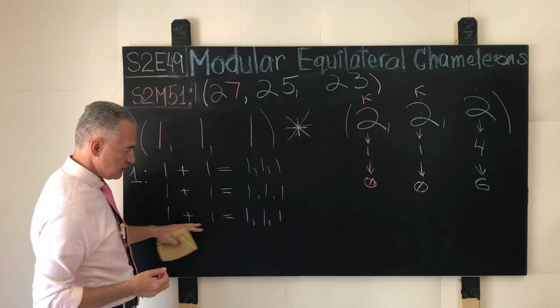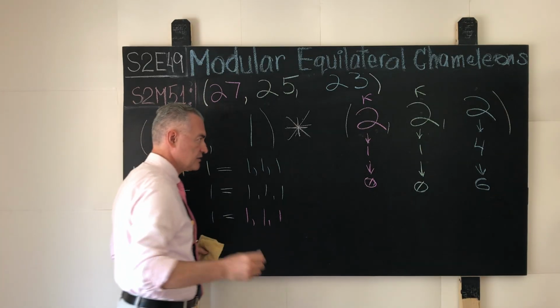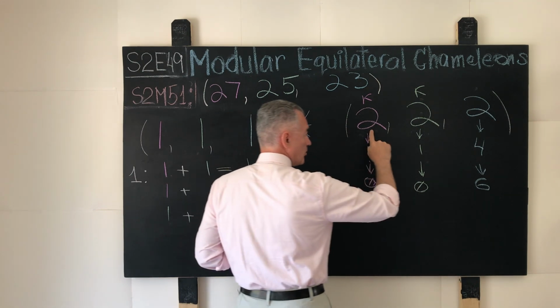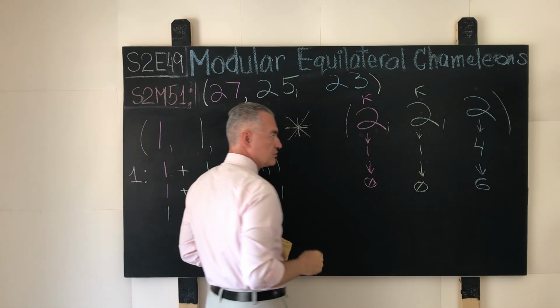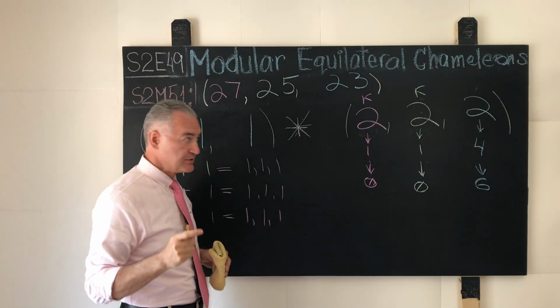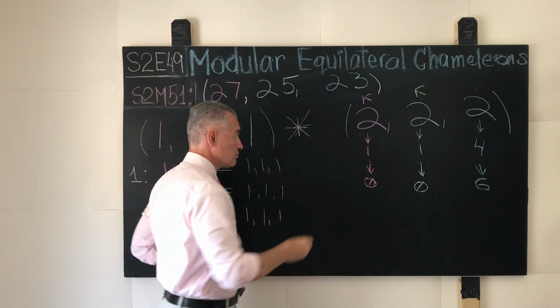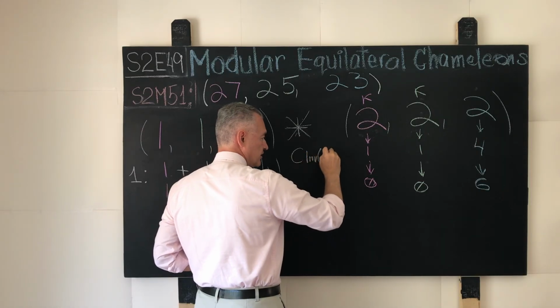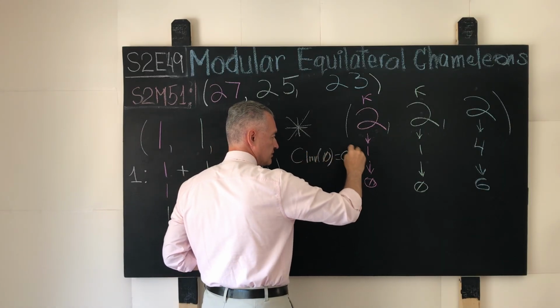We play with other color distributions. It works. Try it. And with our last experiment over here, 2 minus 2 is what? 0. 0 modulo 3 is 0. That's the initial state. So we will write the candidate invariant initially is 0.